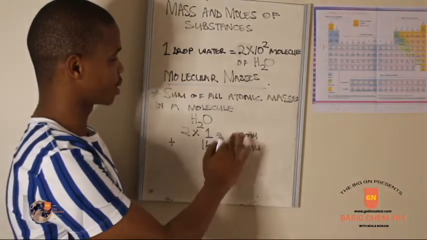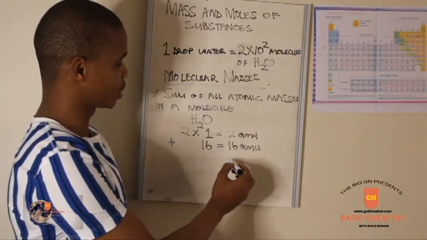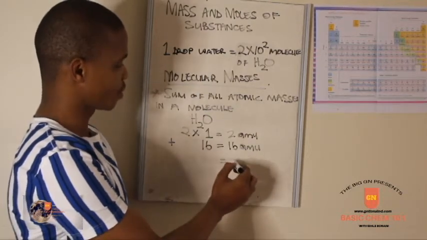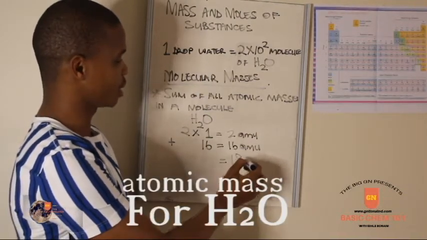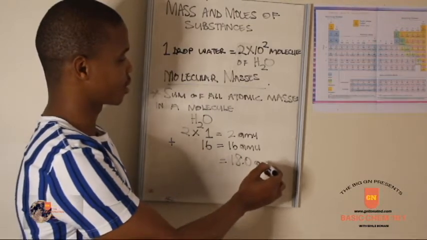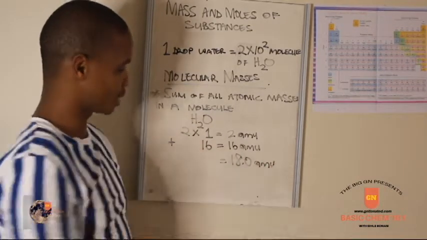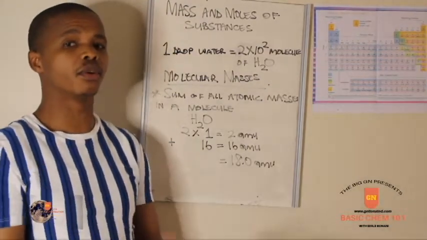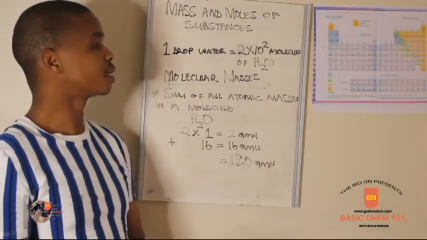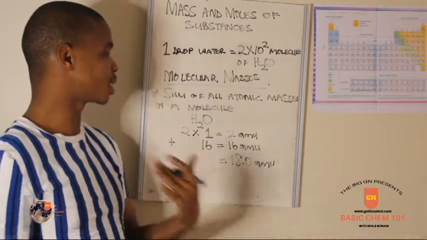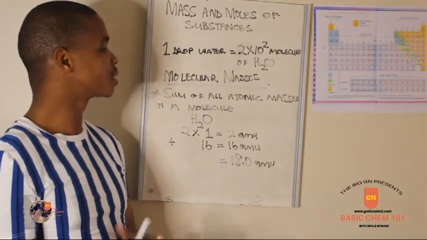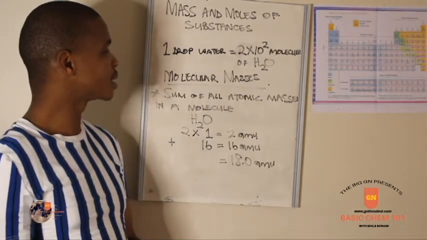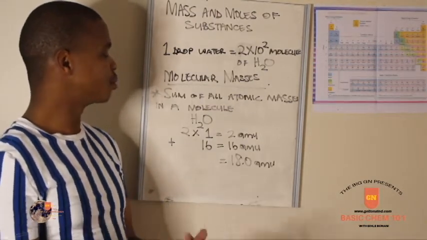So this is 2, so the molecular mass for H2O will be 18.0 atomic mass units. So that is what you first need to know in today's lesson: to calculate the molecular mass of your molecules.